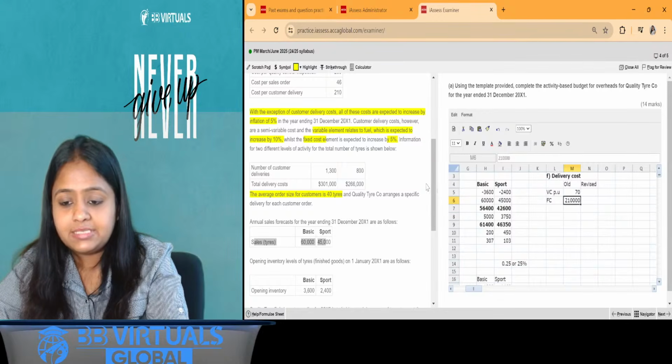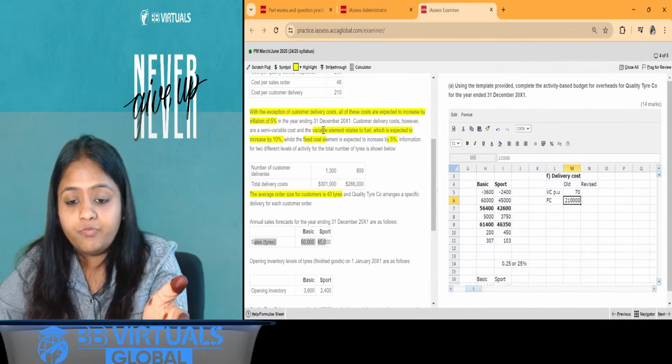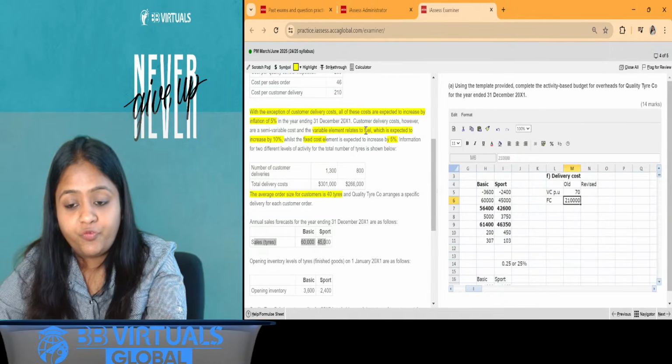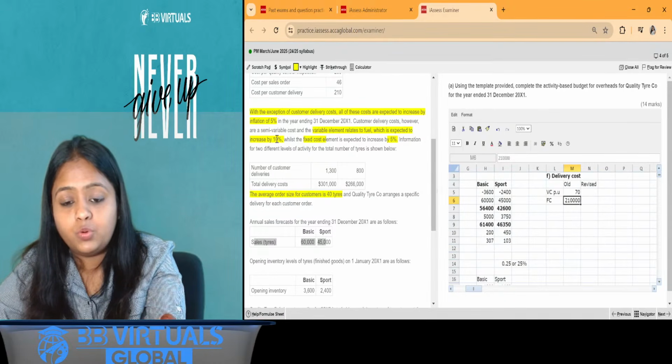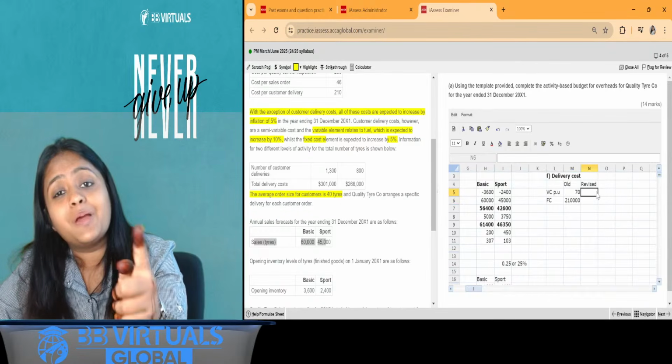What is revised? Now, let's read the question. The question says: variable element relates to fuel which is expected to increase by 10%. So variable cost will increase by 10%.